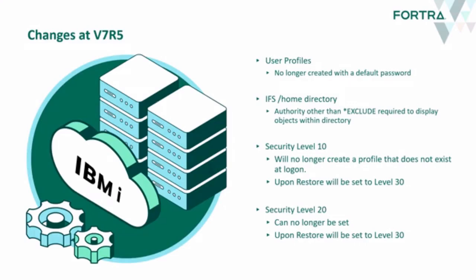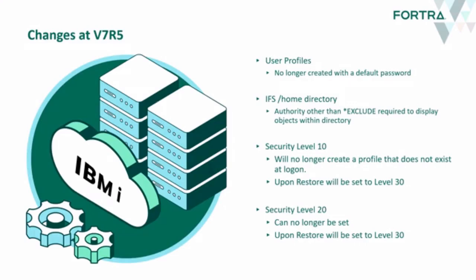And security level 10 is just no longer able to even create a user profile. So if you are actually still at security level 10, and we have seen this within the last 24 months, and you upgrade to 7.5, it's taken away that ability at level 10 where you key in a profile and you don't have to have a password. That's just not going to happen anymore.